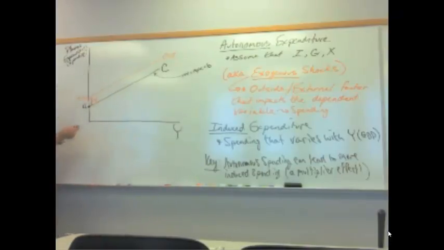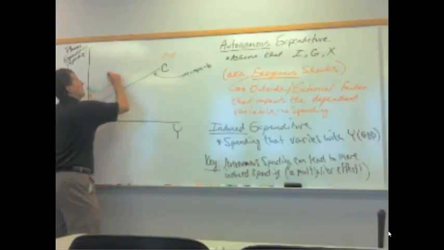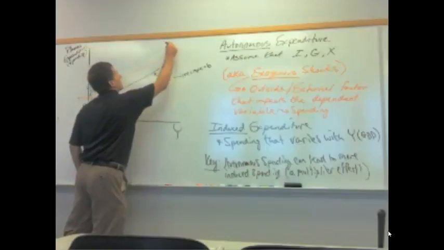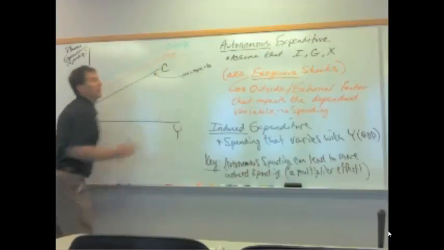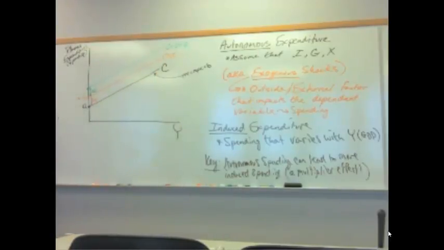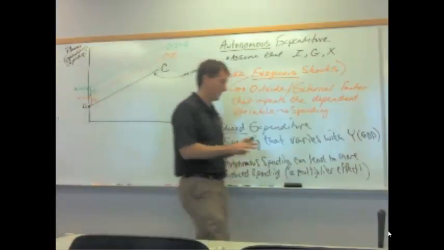And if we add in the government, that's going to shift it up as well. And so this is the C plus I plus G line. And this endpoint is A plus I plus G. So we're kind of keeping the math fairly simple.